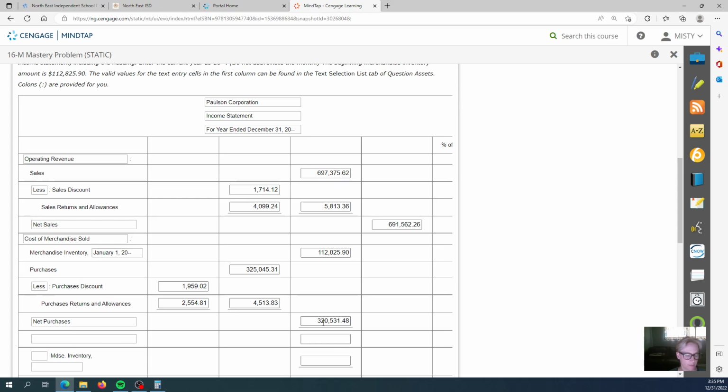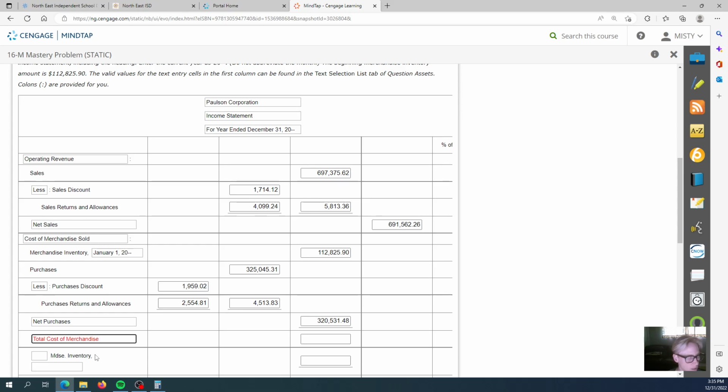What's this next one? This number, right? We're going to take our merchandise inventory at the beginning and our net purchases, and we're going to add those together to get our total cost of merchandise.